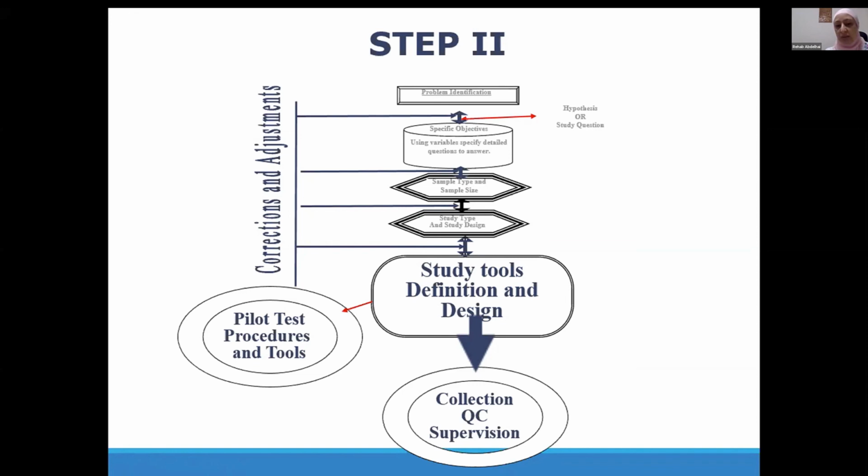You will not change your sample size. You will not change your objectives. You can't change the tool. You have started using the tools that you have identified. You will do quality control checks, and you will supervise the data collection. And as soon as you've done that, you can't go back to any of the above steps to change anything. Okay?